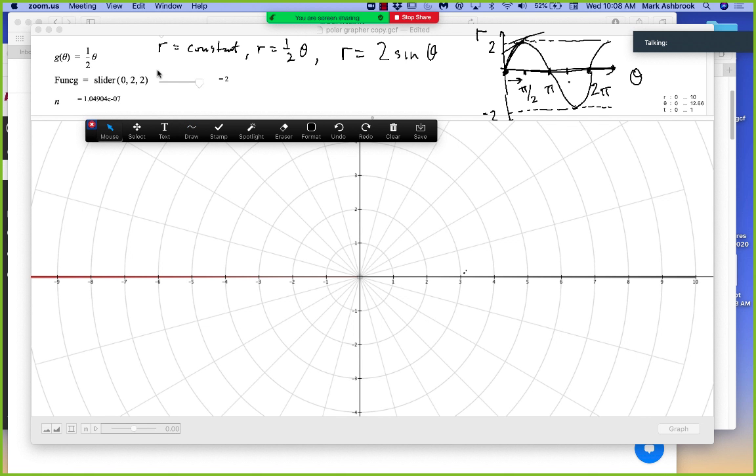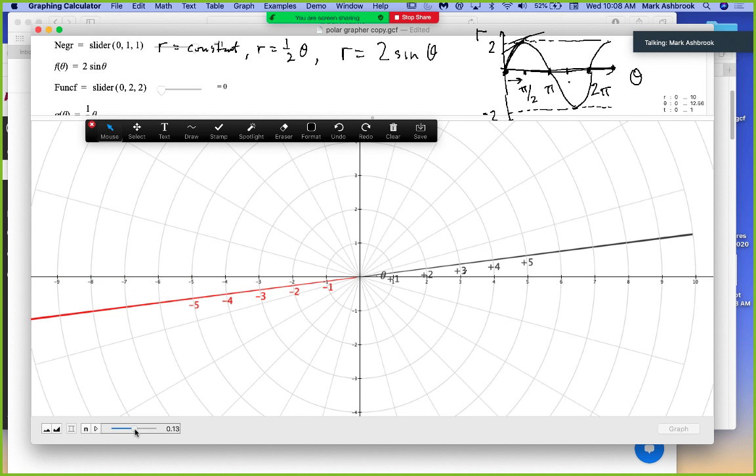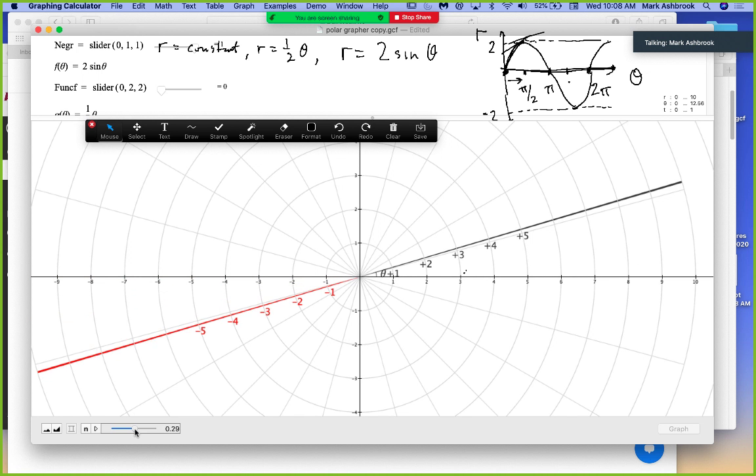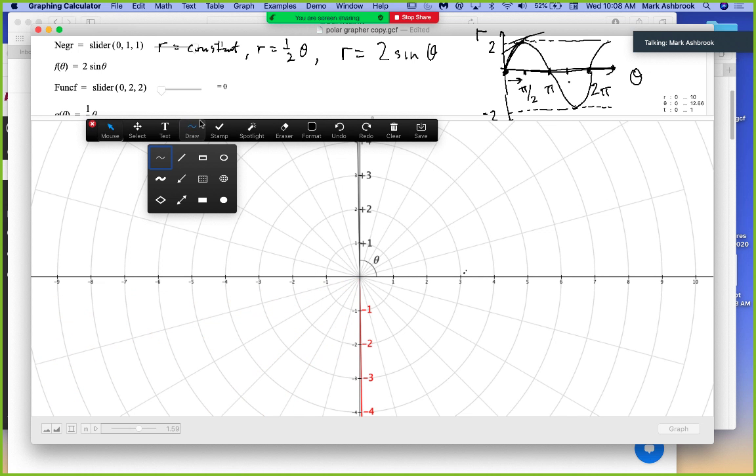So now I want to graph r equals 2 sine theta. Imagine what that will be like. As theta increases counterclockwise, starting at 0, r is increasing greatly, and then less as we move. What point are we going to reach at pi over 2? r equals 2.